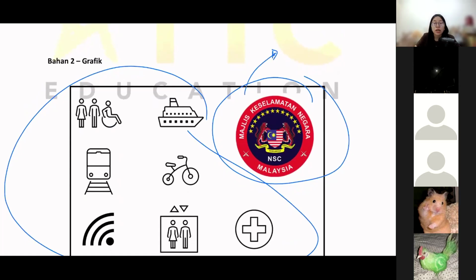What can we do through Majlis Keselamatan Negara to improve our sektor pelancongan? Think about this point, because you need to write in proper sentences. You cannot just draw the image for them. Cannot.